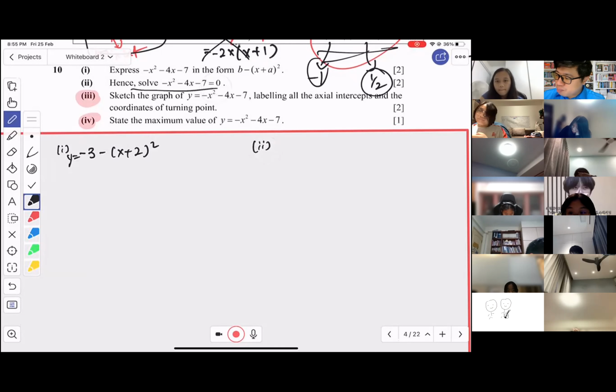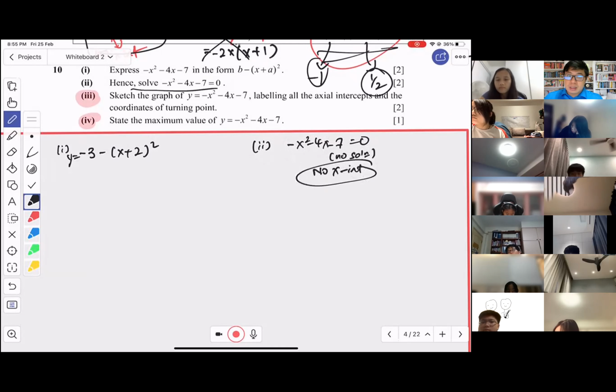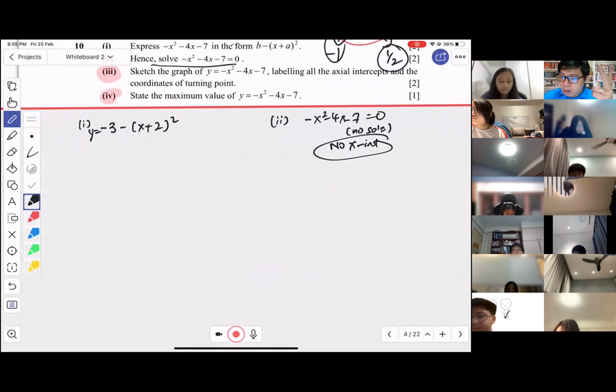In part 2, what you are doing is finding the x-intercept. When you solve x squared minus 4x minus 7, there's no solution. No solution tells you that there is no x-intercept. Now, this graph very quickly, SITL.